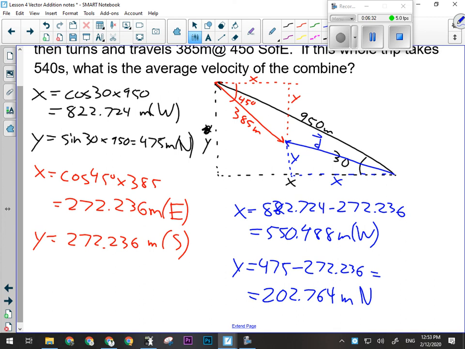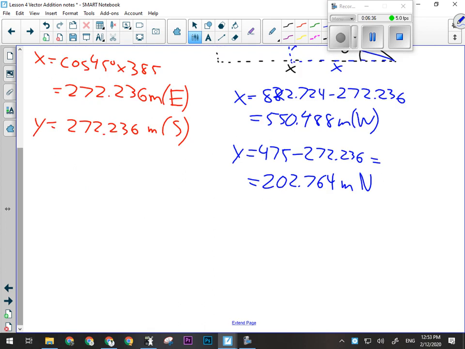Now I have the resultants x and y. Right, I find the magnitude of the displacement. Remember that in this one, I am finding the displacement because I was given all displacements in there. So we'll have our 550 squared plus our 202 squared, obviously with all the decimals carried over.